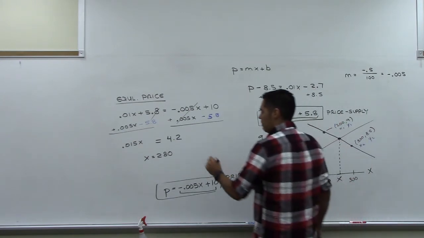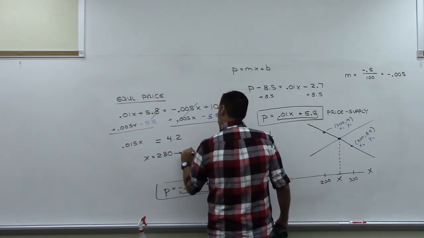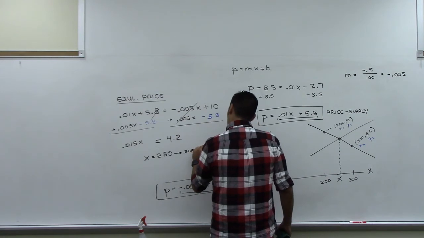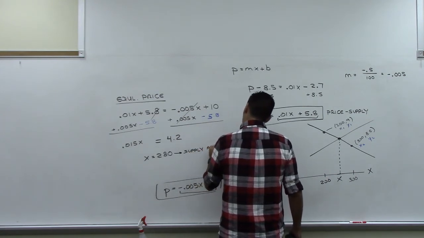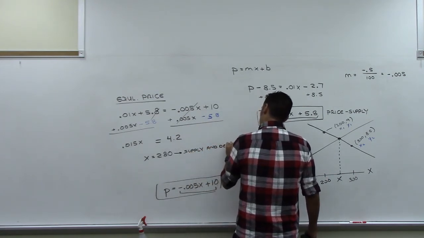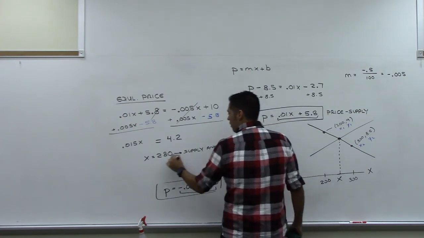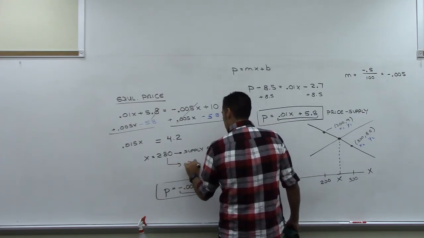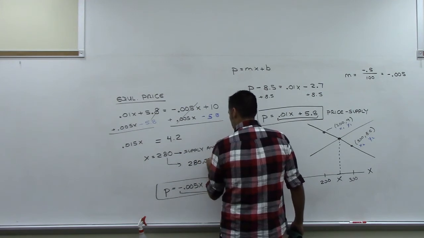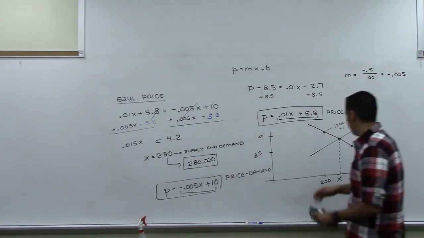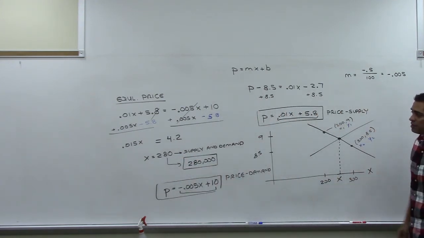So this is the supply and the demand. Now remember, it's actually 280,000, right? 280,000 because we were measuring the X in thousands.